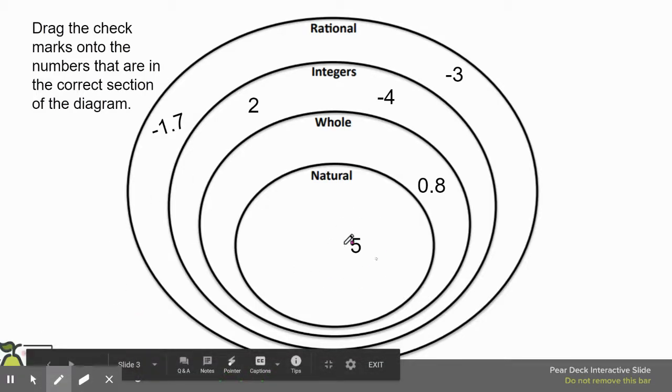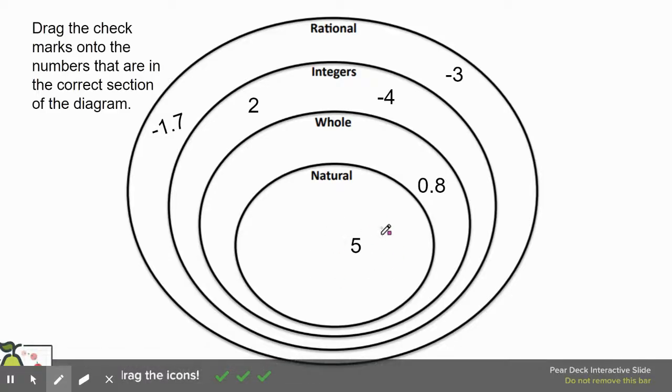So I have the number 5 written in the natural spot, which is correct. Now if I look at my whole number spot, I see a decimal here. I can't have a decimal in the whole number spot, so I have to X that out. That should have gone underneath rational. So let's take a look at integers. I see a -4.